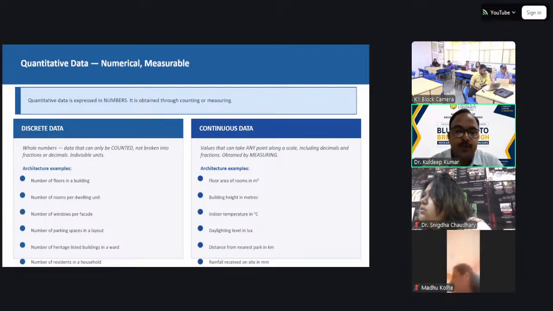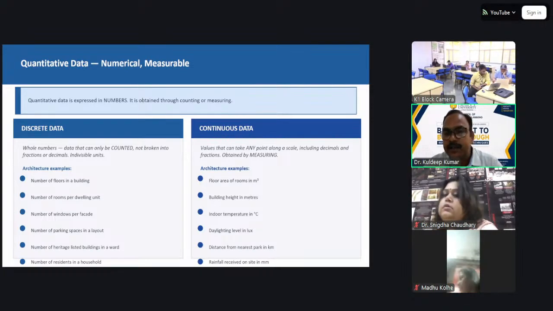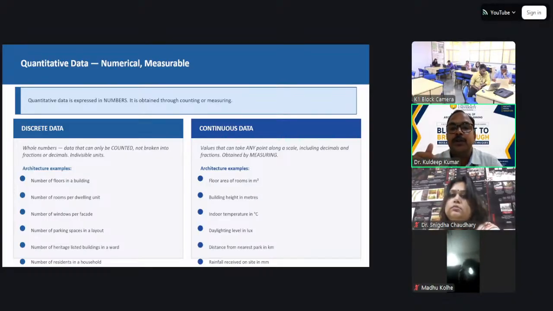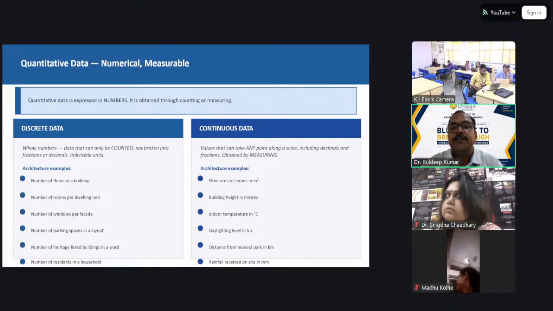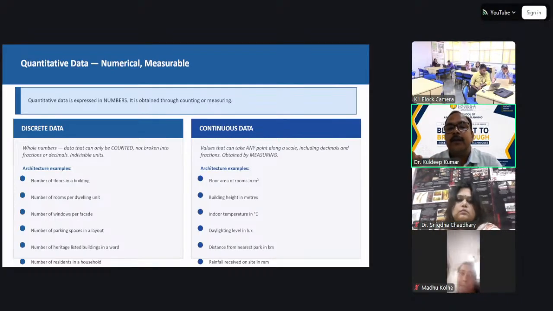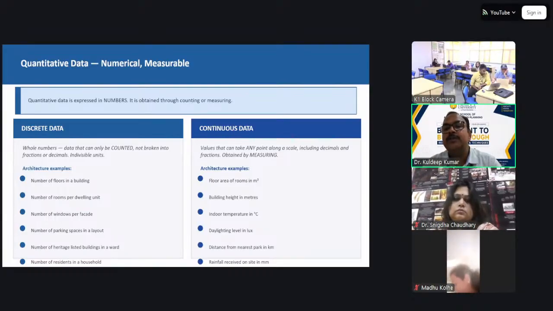It also has two subtypes: discrete and continuous. Discrete data is counted in whole numbers only. It can only take specific whole numbers. You can count it, but it cannot be taken as fractions or decimals.